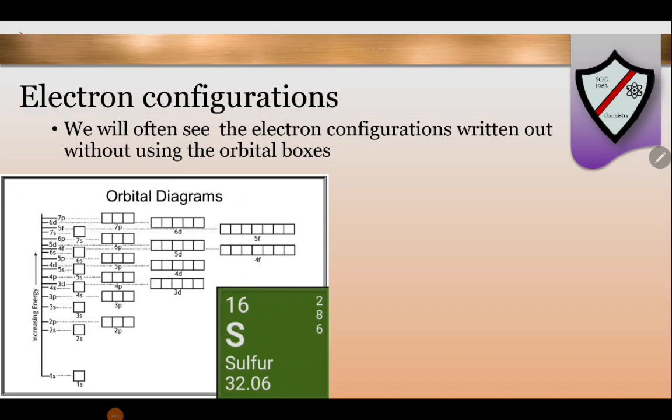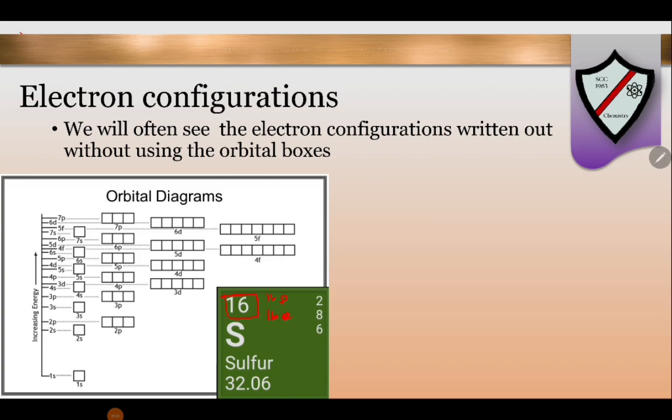So we will take a look at how we often write out our electron configurations instead of always drawing these orbital diagrams here on this slide. We are going to take a look at the electron configuration and orbital diagram for a neutral atom of sulfur. And in a neutral atom of sulfur, we have the atomic number 16 representing 16 protons and therefore 16 electrons in a neutral state.